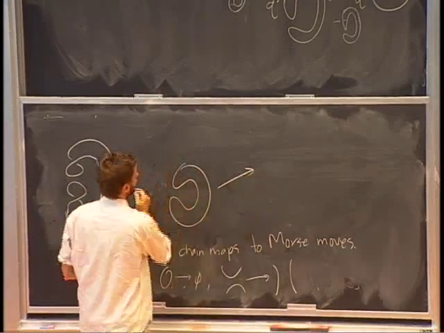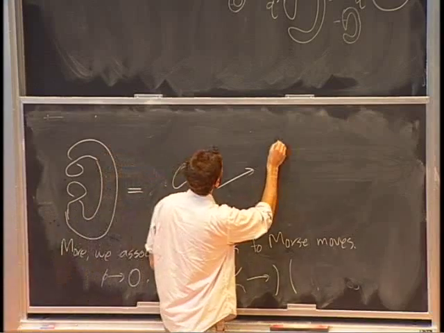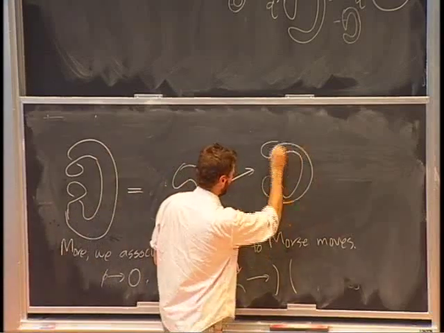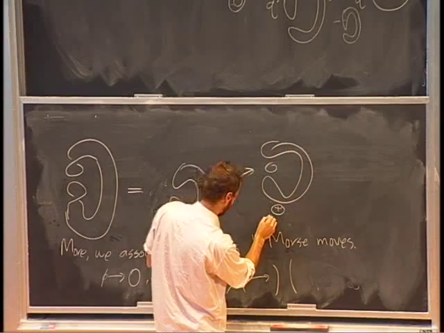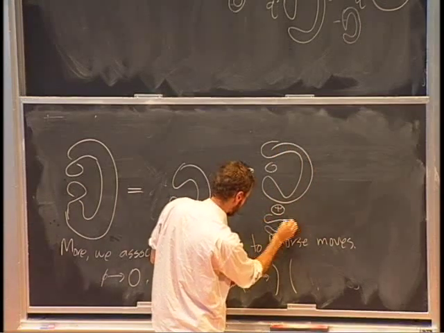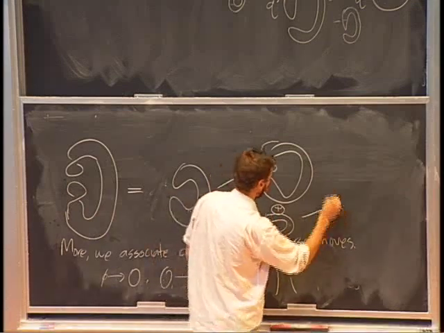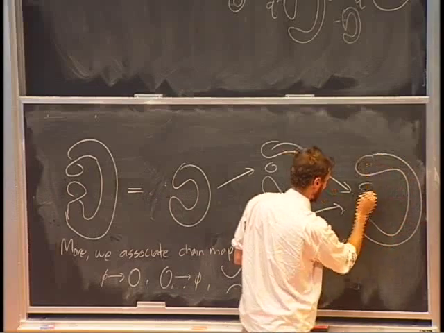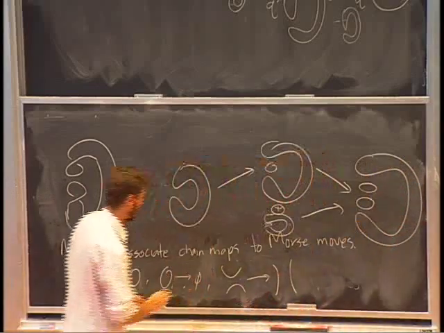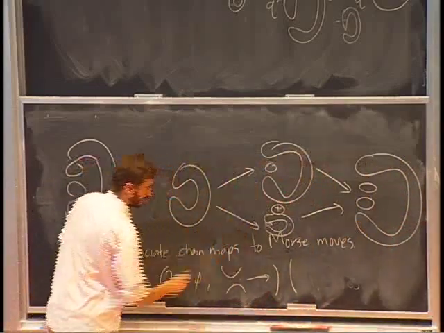Maybe I'll leave out the factors of Q to save myself a little bit of time. That's just following the rule again.